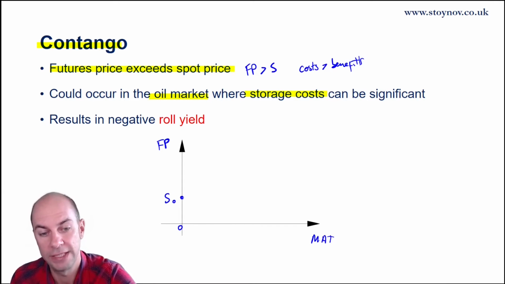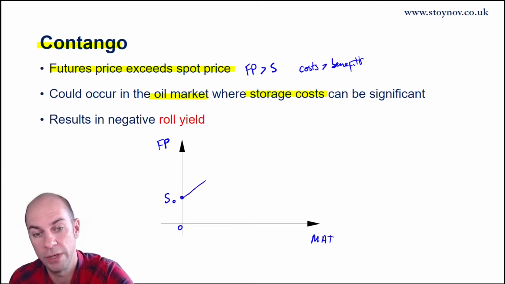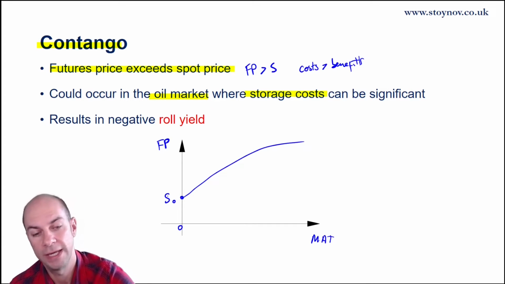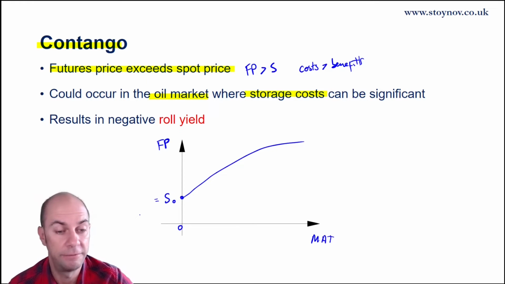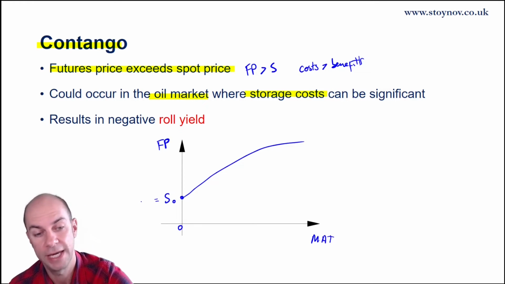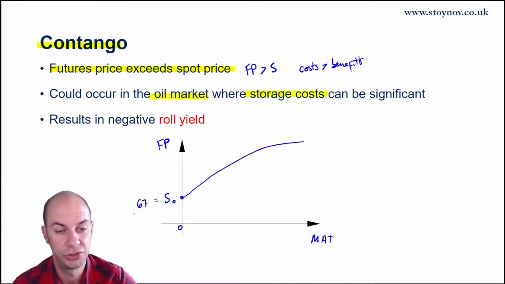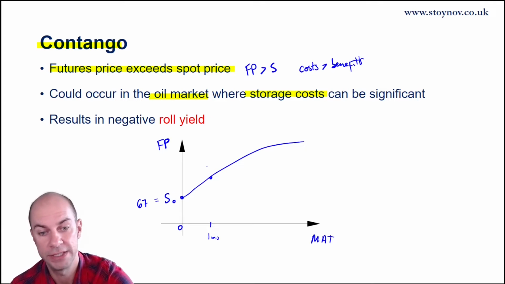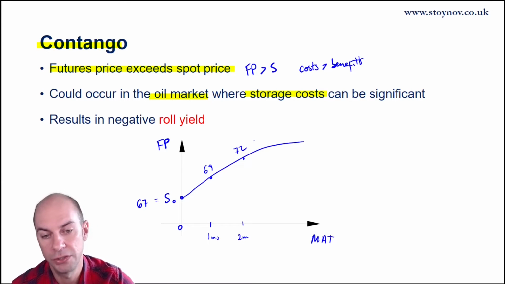And then as we go into the future and away from today, I'm going to be observing an upward sloping curve. So what I mean by that is if a barrel of oil today costs me, let's say, $67, then the 1 month future might be 69 and the 2 month future might be 72, for example. So we are seeing that as we go further into the future, the futures price increases.